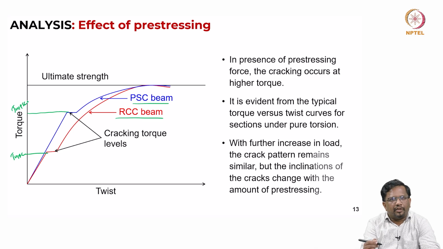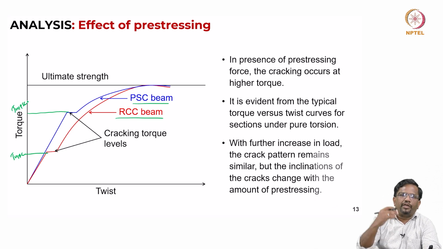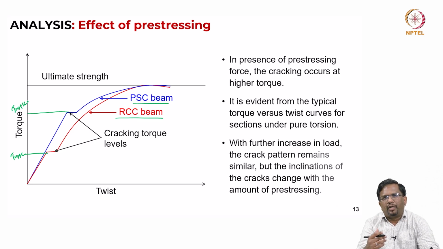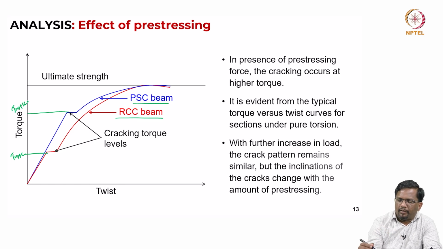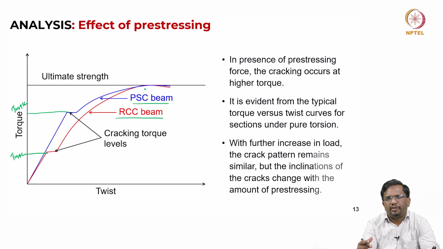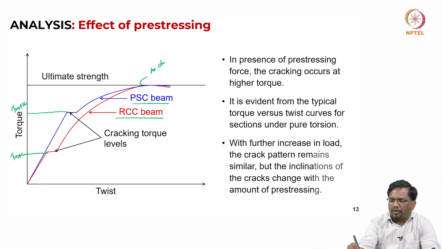As expected, the presence of pre-stressing, or the presence of compressive normal stress, is going to increase the torque at which it is going to crack. But if I compare similar beams with similar reinforcement, there is no change in ultimate strength.